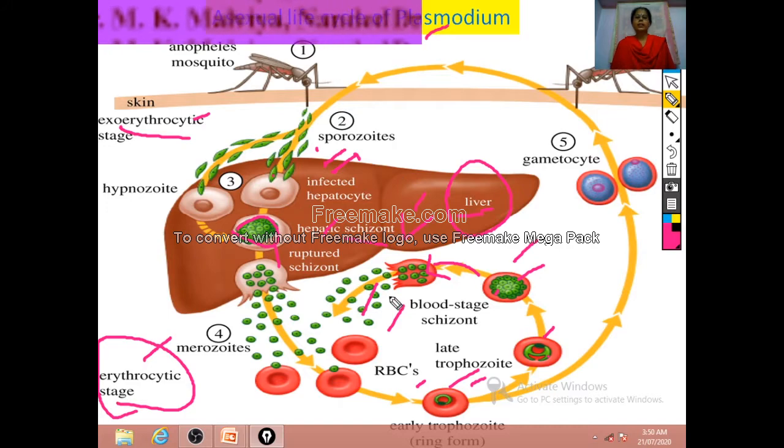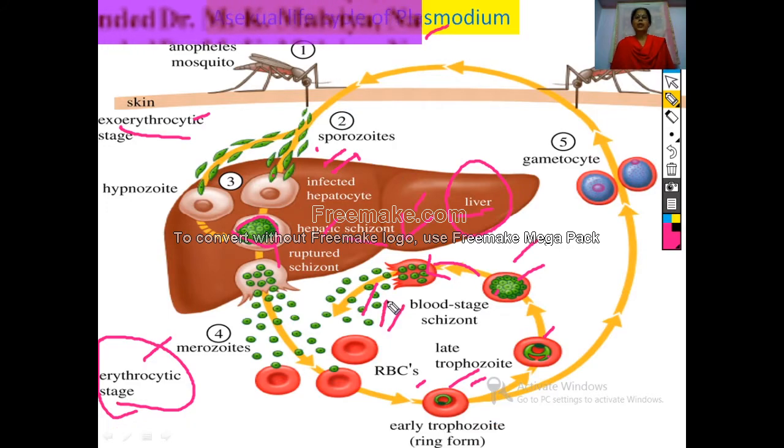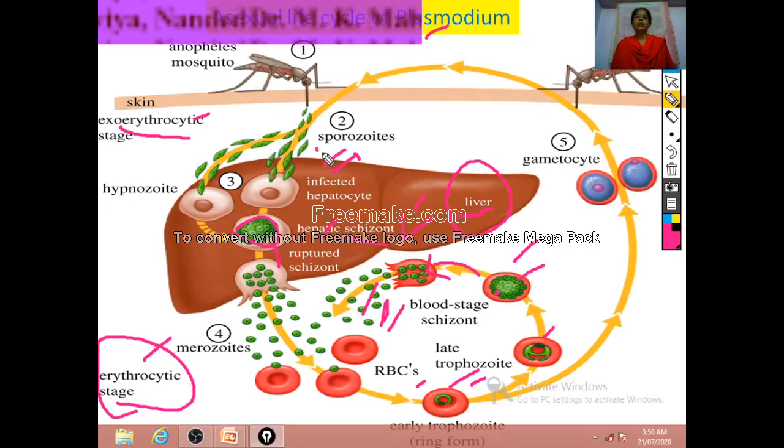Because of the release of the hematozoan poison in the blood of this man, and this occurs about 3 days after the infection of that parasite to this healthy human. The duration may vary according to the species of the malaria parasite.